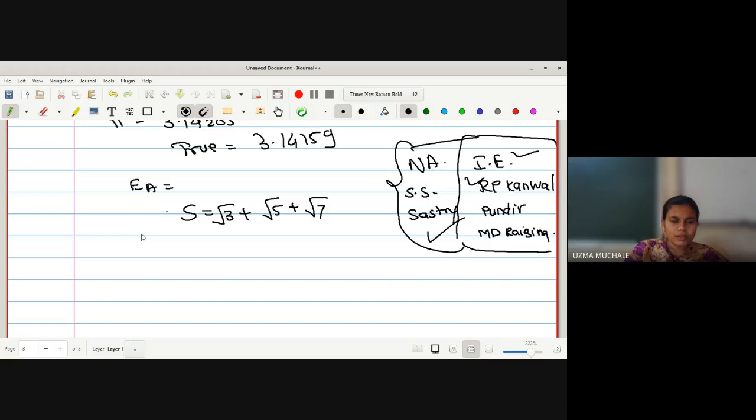Have you written the question? Evaluate the sum S equal to root 3 plus root 5 plus root 7.